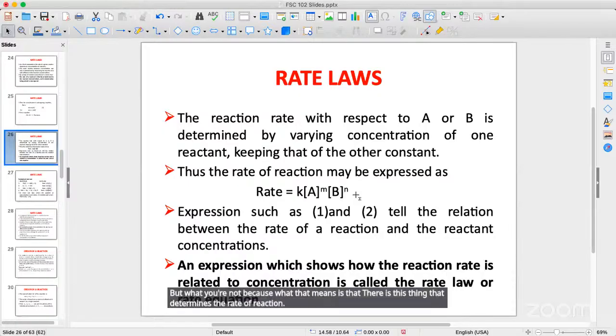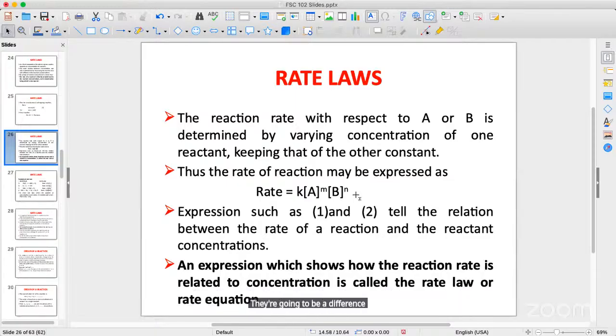Because when you have a mechanism of reaction, remember, all those stages are not going to be at the same rate. Say you have step 1 of that reaction, step 2, step 3, step 4. They're going to be at different rates. Now, the step that is the slowest of all the steps, the rate of that step will be the rate of your reaction.